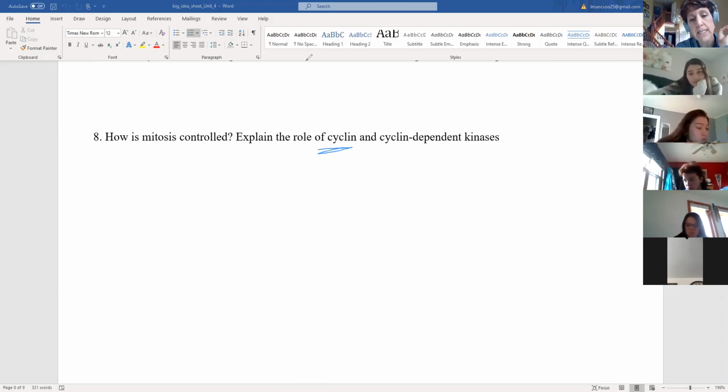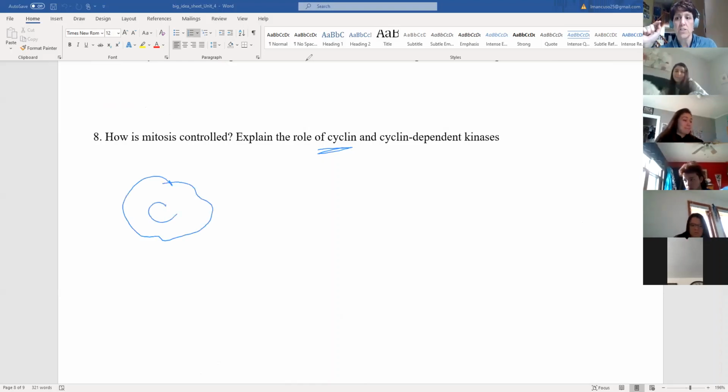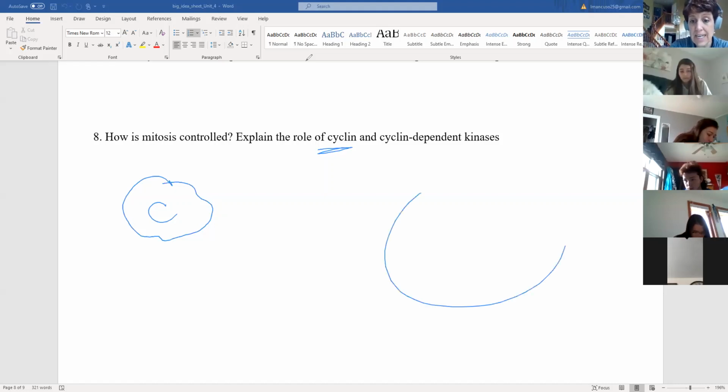Okay. Cyclin is a protein. So I'm just going to make this protein right here. This is a cyclin. Cells only make cyclin when they are undergoing a signal transduction pathway where they received a message. Here's my cell, and let's say this is a blood cell. Your blood cells make new cells every 6 weeks.